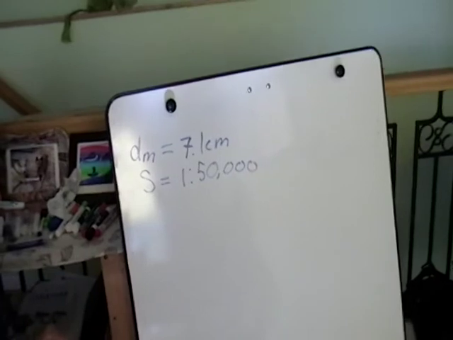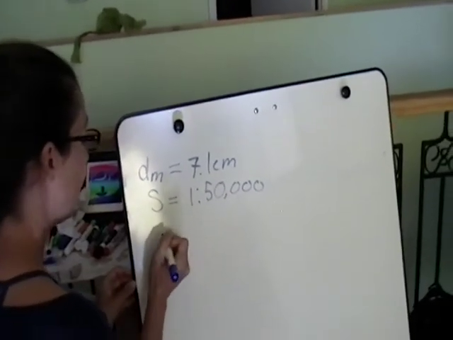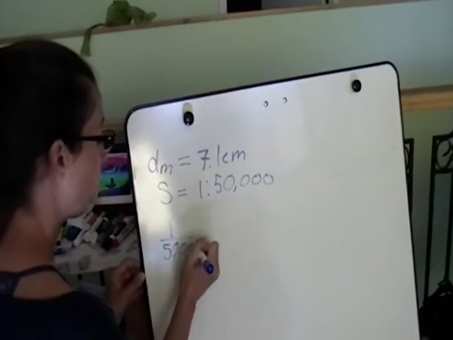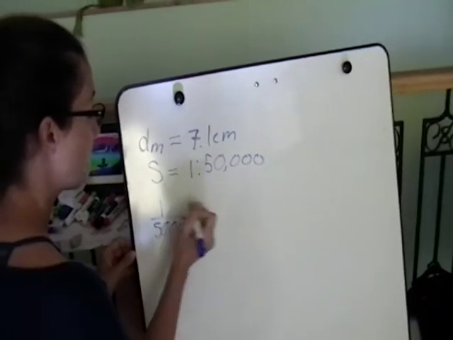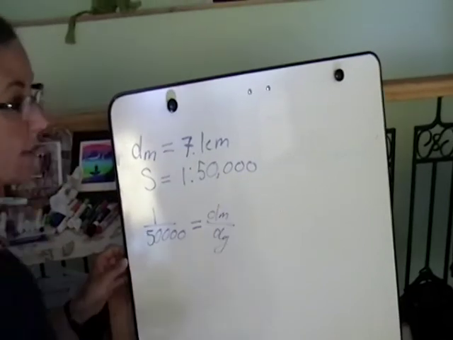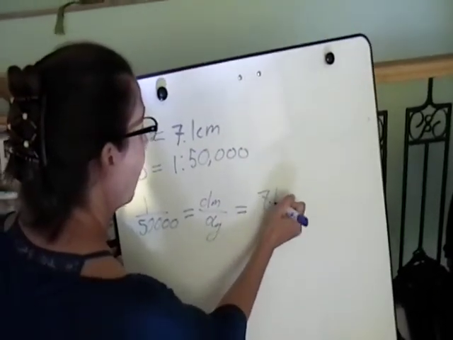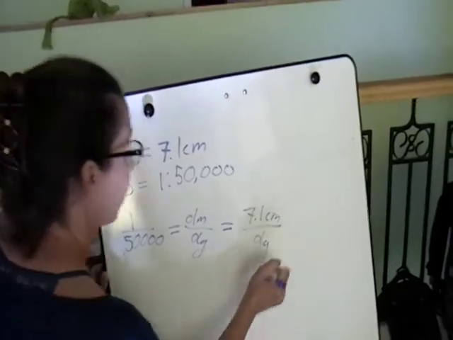So if we want to do the math on that, we're going to say 1 over 50,000 equals, so my centimeters, this is my dm over dg, right? We're trying to find the ground distance. Then we go 7.1 centimeters to dg.